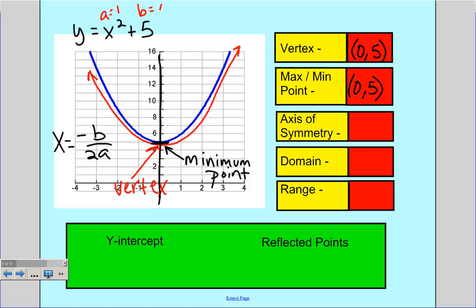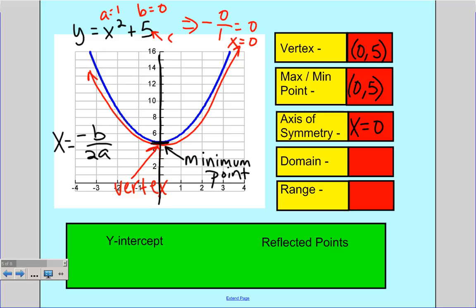We have b, which is 0. This would be c, so we don't need it. We would end up having negative 0 over 1, which is 0. So we have x equals 0. That means that our axis of symmetry is x equals 0.